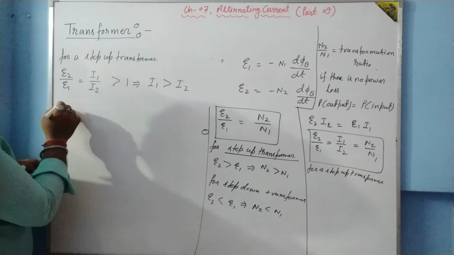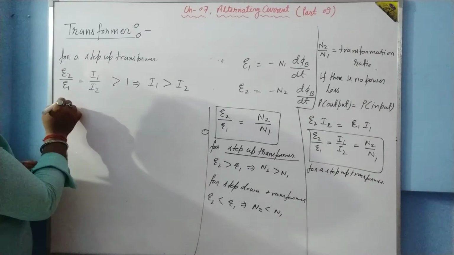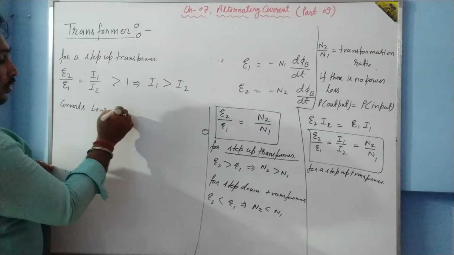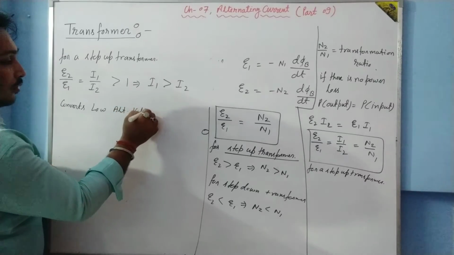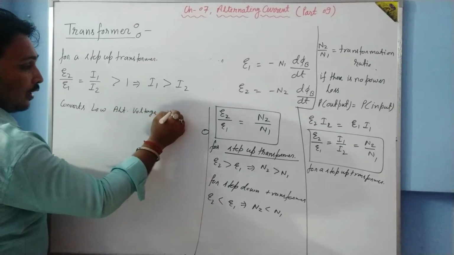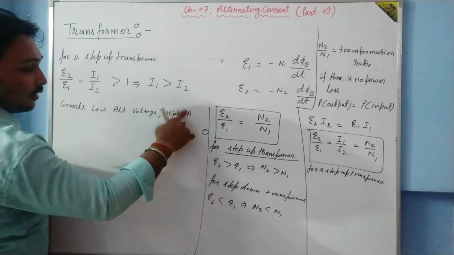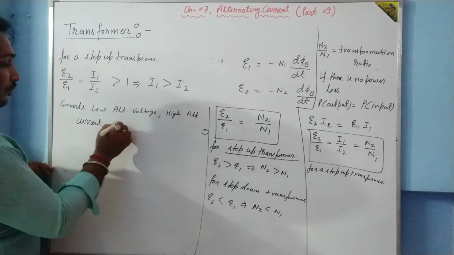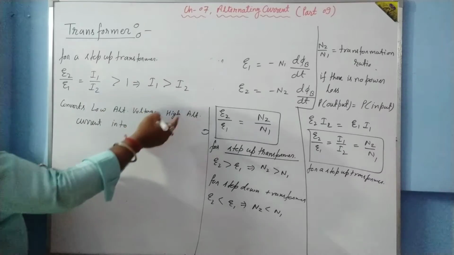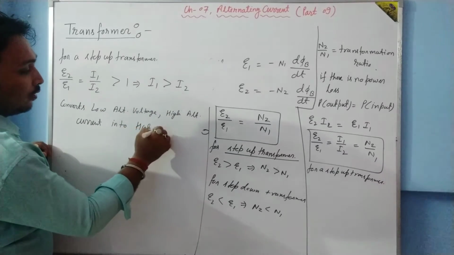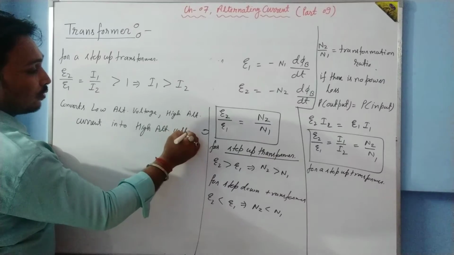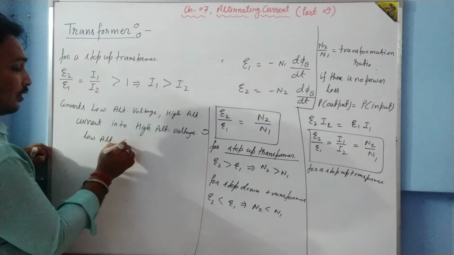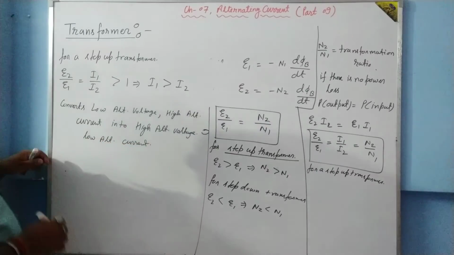So I should write, a step-up transformer converts low alternate voltage but high alternate current into high alternate voltage but low alternating current. So the complete statement is not like that.